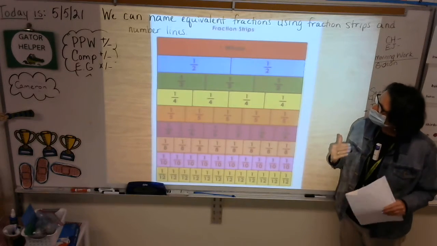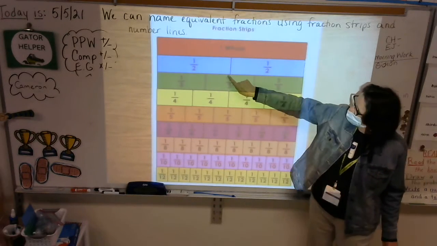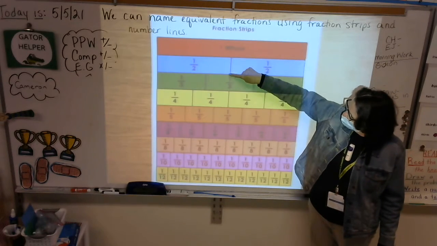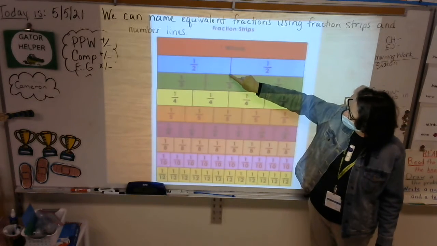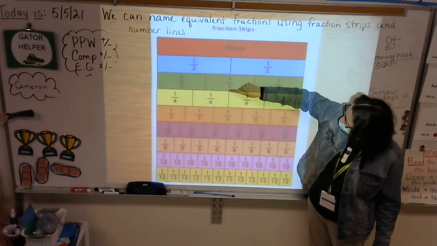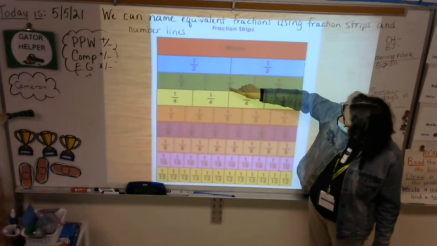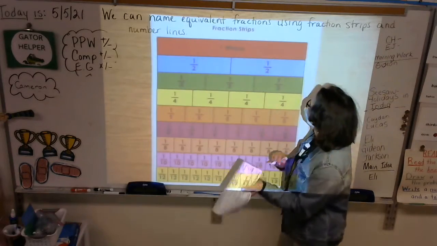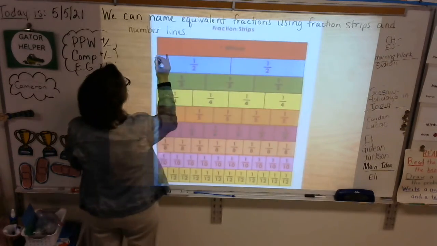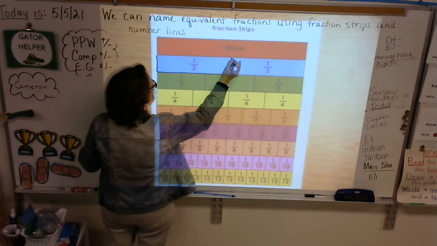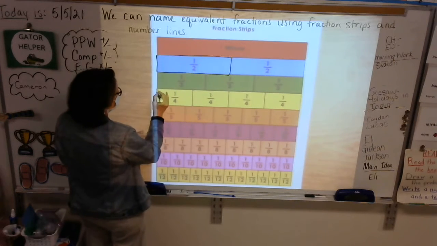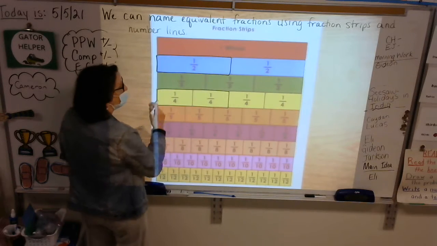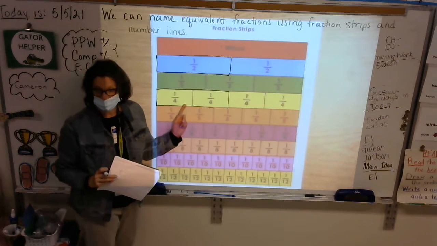So when I say equivalent fractions, I'm going to point to 1/2 here, okay? And I want to find a fraction that's equivalent to 1/2. So if I come down here, I don't see any line in the thirds, but when I come down to my fourths, and I look at this, if this is 1/2 right here, and I come down to fourths, aha, those are the exact same size, aren't they?